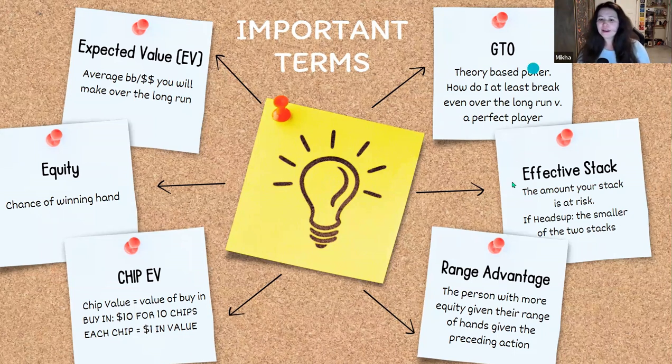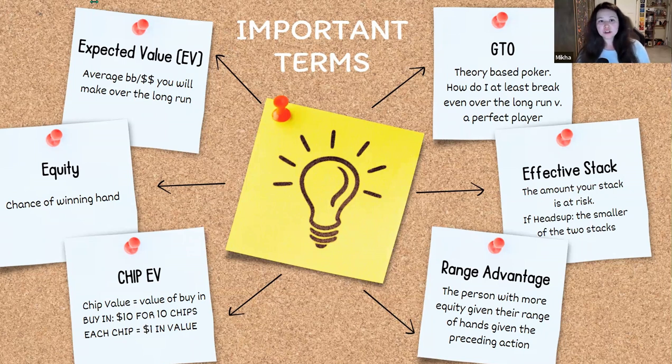All right, and then we have expected value. Expected value is, if you make a particular decision, pre-flop, post-flop, anywhere along the way in your decision tree, how many average big blinds or how much money will you make over the long run if you made that decision infinitely? So I have a question.